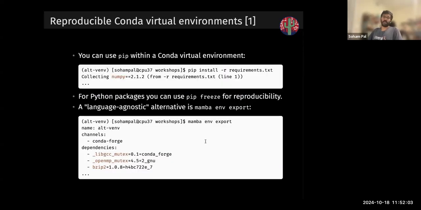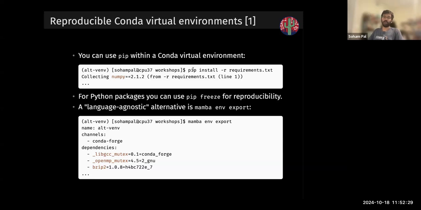Now let's talk about how to make these virtual environments reproducible. So you can use pip inside Conda. If you would like to use pip inside Conda, that's fine. Don't use venv inside Conda. So that's the main difference. You can use pip there, it's fine, but not venv.